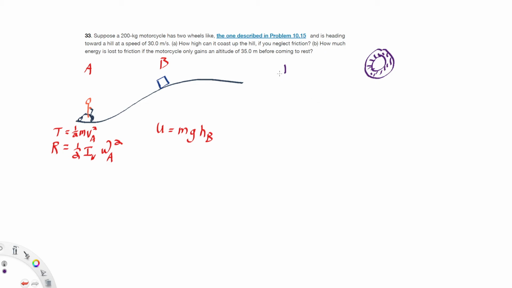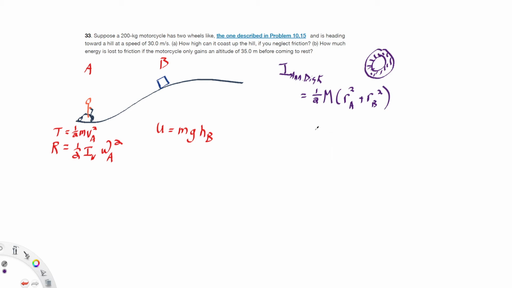And the moment of inertia for an annular disk is 1/2 the total mass times the sum of the inner radius squared and the outer radius squared.